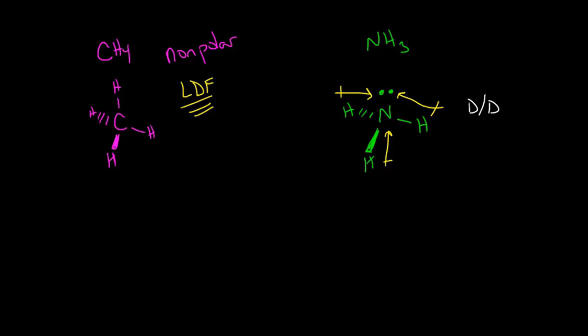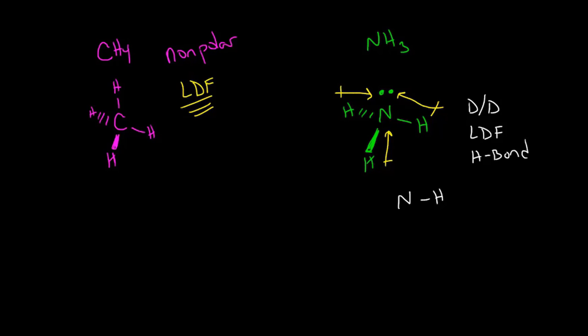I'm going to abbreviate this DD. Okay, remember, every single compound experiences London dispersion forces. And here, in this case, what we notice is that we have a nitrogen attached to a hydrogen. And remember, when we have nitrogens attached to hydrogens, the compound can experience hydrogen bonding. So in addition, we have hydrogen bonding.